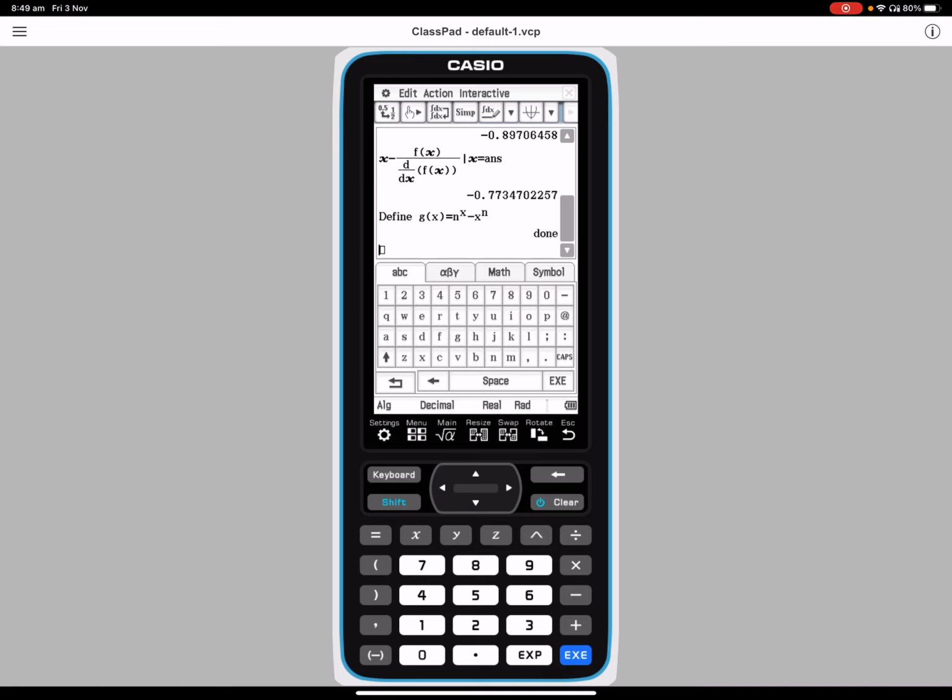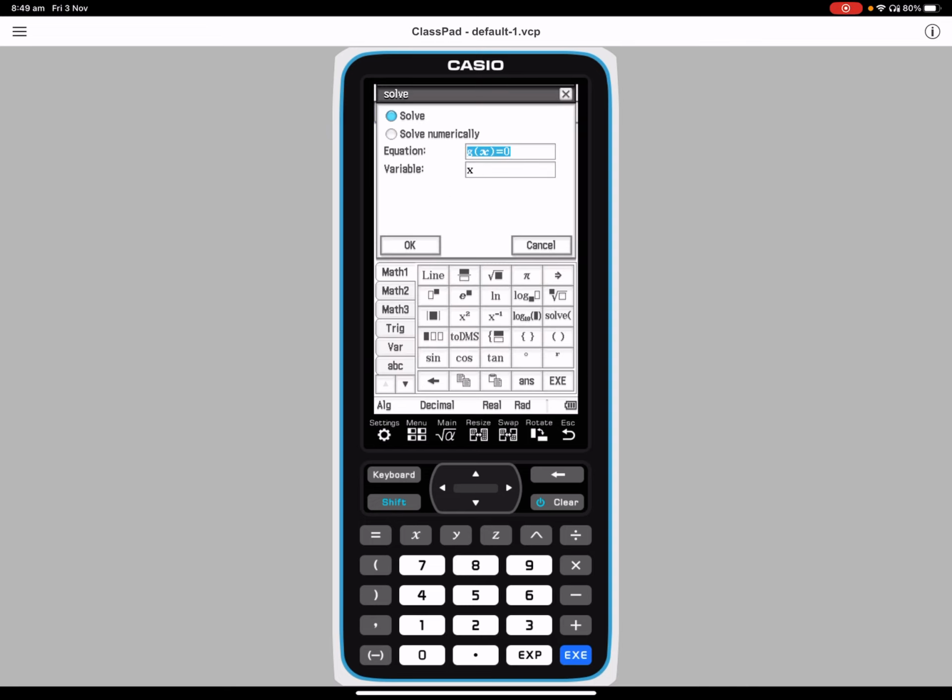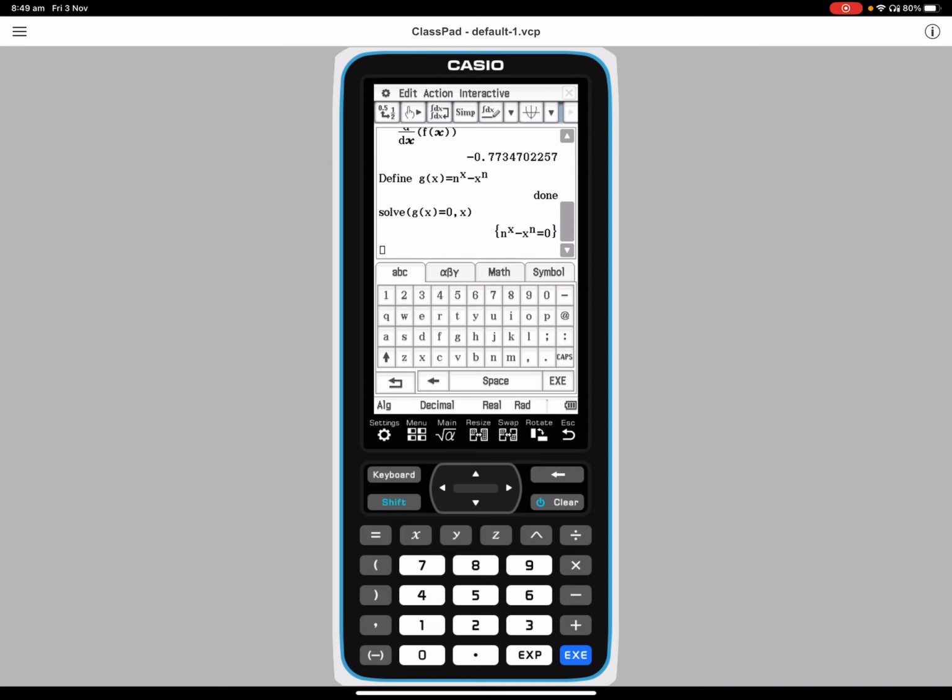If we solve g of x equals 0, or if we solve this for n, why didn't that do anything? G of x equals 0. Why does it not work?